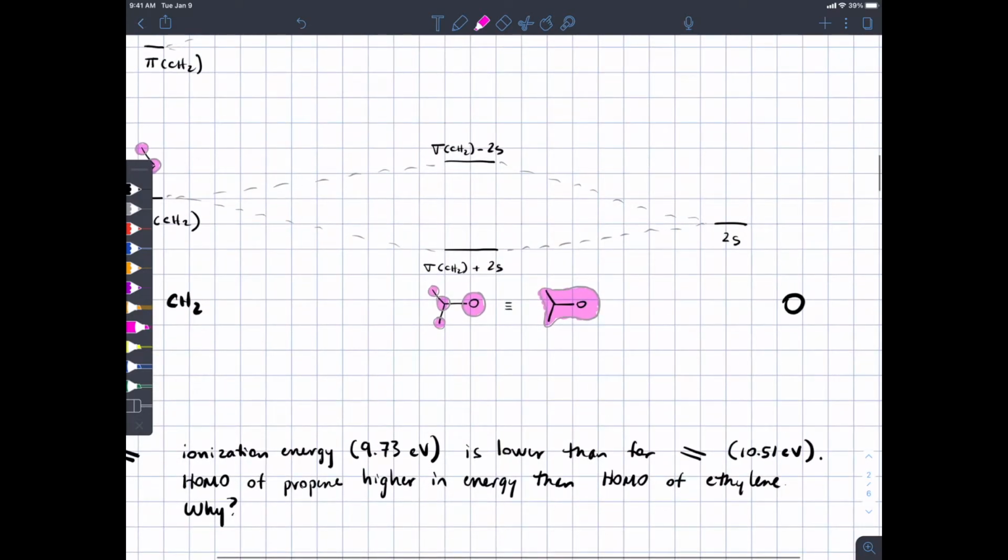And then we would expect the out-of-phase combination, or the minus combination, to be more on the carbons than on the oxygen. And it's not important that you be able to know how much more, simply that you expect there to be a difference and you know in which direction it goes. So maybe a larger lobe here and a smaller lobe there.